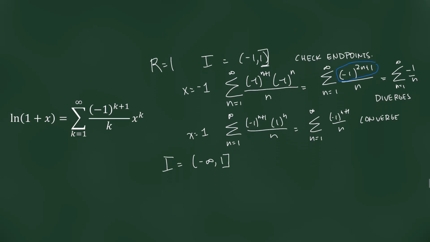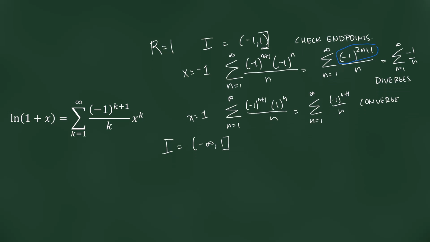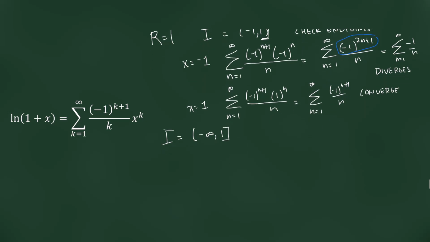All right, our last order of business is to see, does this thing converge to its designated function on its entire interval? So here we have to look at the limit as n goes to infinity of the absolute value of r sub n of x.